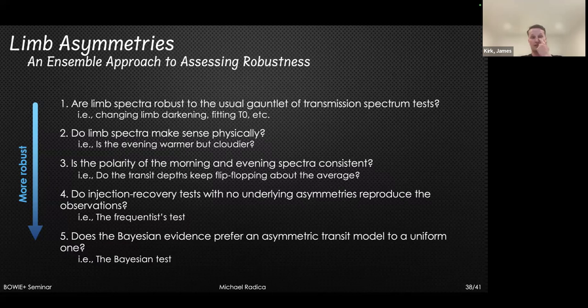Like you said, by eye, it looks like Evie's shows these asymmetries, but ultimately the Bayesian evidence doesn't support that. But I was wondering, if you're fitting these models and assuming there is no limb asymmetry, then there's no prior information supporting limb asymmetries. But if you use a prior that is motivated by GCMs, for example, for this particular planet, where you would expect limb asymmetries of a certain degree, then presumably that could swing the Bayesian evidence in favor of limb asymmetries.